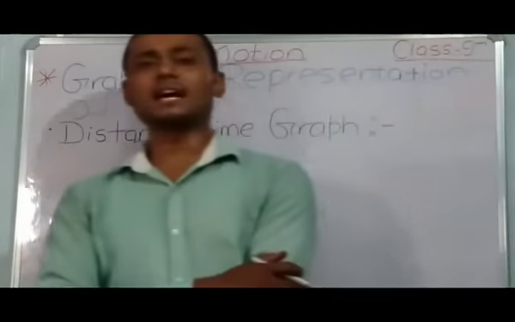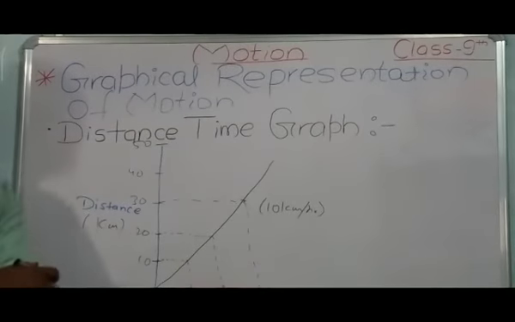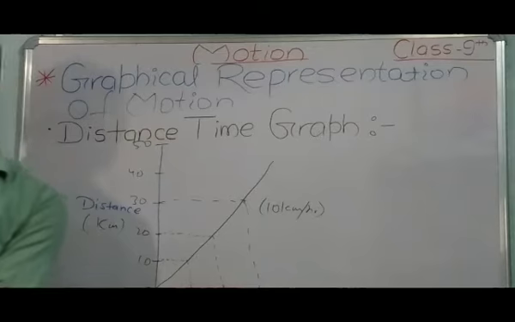If the graph is not straight, then we say that it shows non-uniform motion. How?